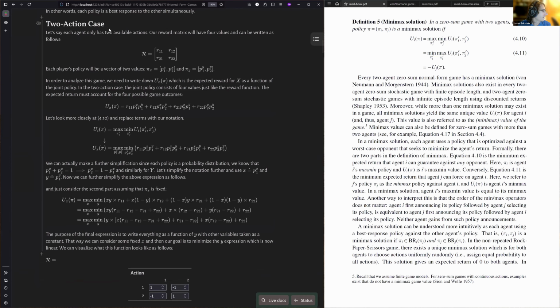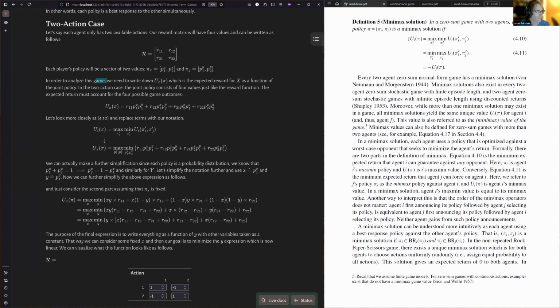So now the reward matrix has 4 values in it. And this is for the 4 different combinations of joint actions that could be taken. Right, so we have 1, 1, 1, 2, 2, 1, 2, 2. This is just for each player taking that respective action. And then we can define the policies by just these vectors of 2 values. So we have for player X, the probability of action 1 and the probability of action 2, and similarly for player Y.